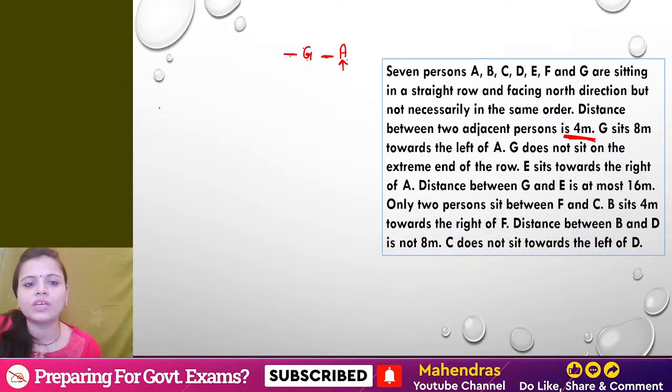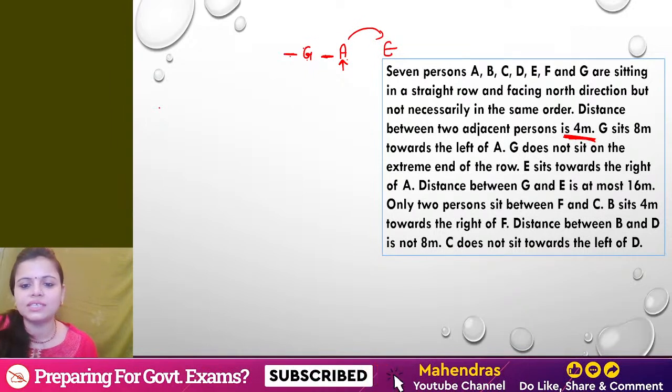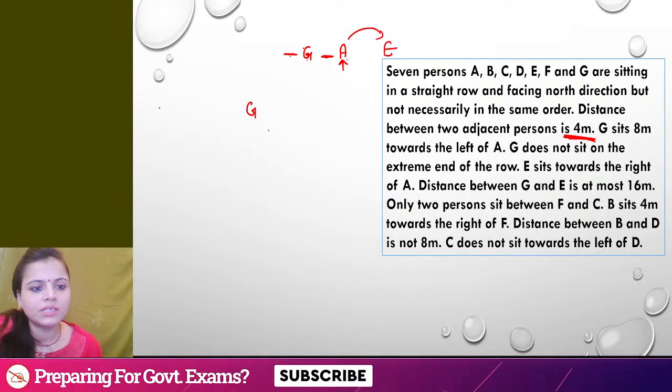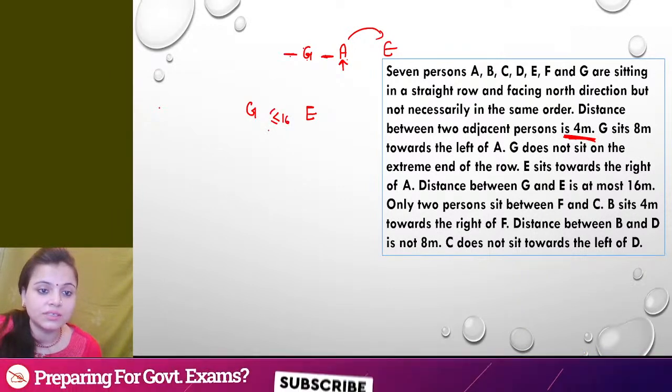E is towards the right of A. But the distance is not given. The distance between G and E is at most 16, meaning less than or equal to 16.